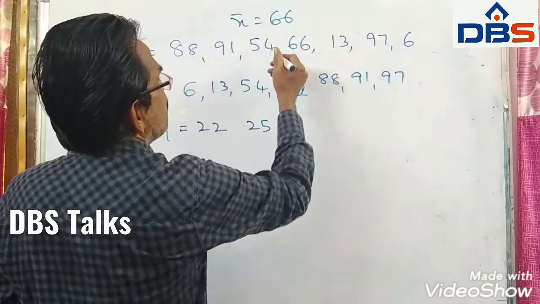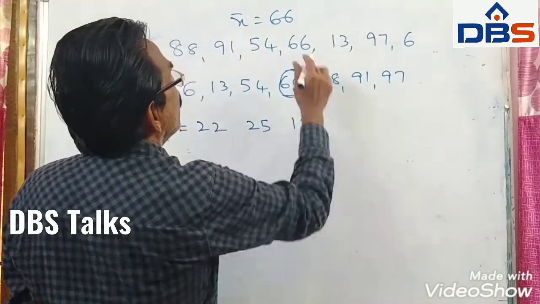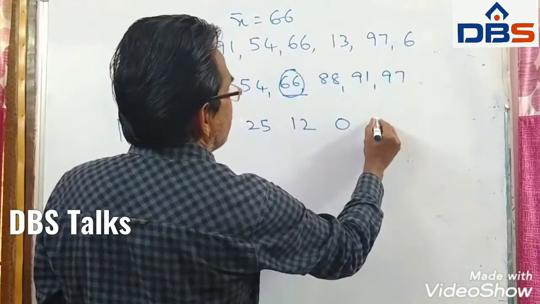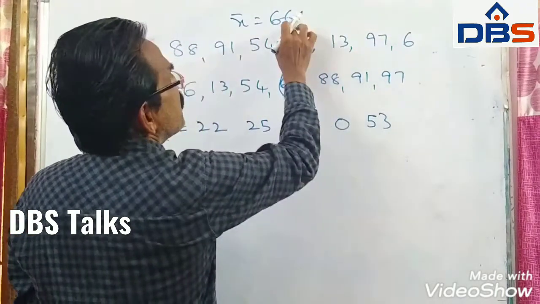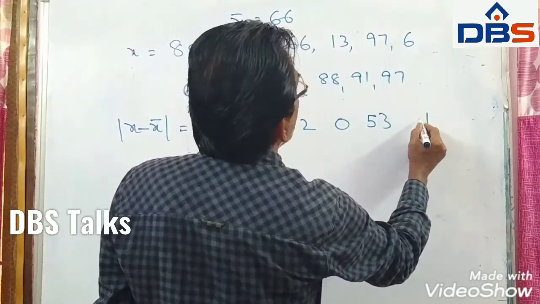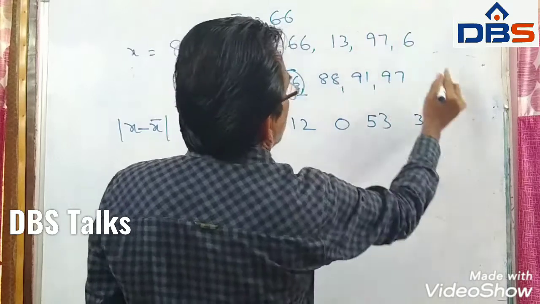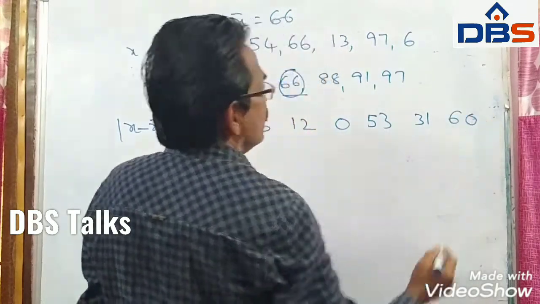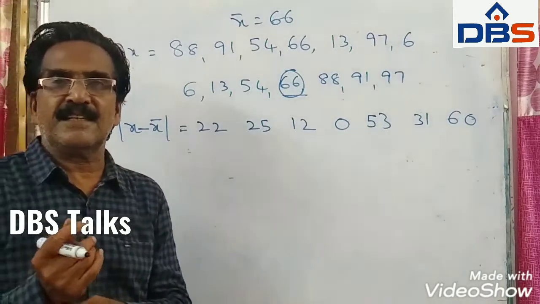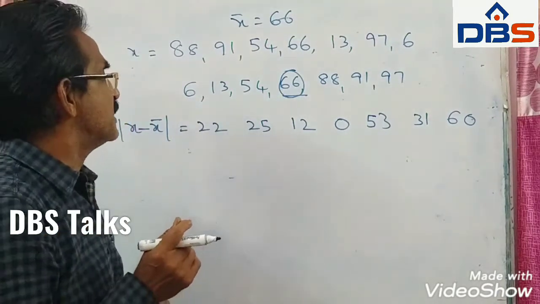These two things, 12. These two things, 0. These two things, 53. These two things, 7 minus 6, 1. 9 minus 6, 31. Difference is 60. So these are the x minus x bar values, friends.